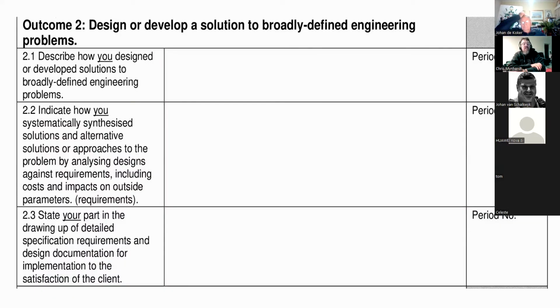Now you will see this is where it comes out of your document. Outcome 2: design, develop a solution to a broadly defined engineering problem. If you look there, 2.1 is describe how you designed or developed. Now, 2.2, the word there is systematically synthesize the solution and alternative solutions or approaches. Then 2.3, state your part in drawing up of detailed specifications required and design documentation for implementation to the satisfaction of the client.